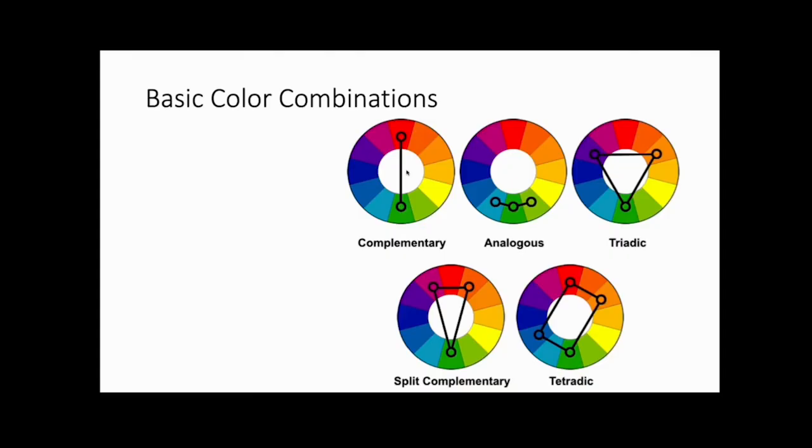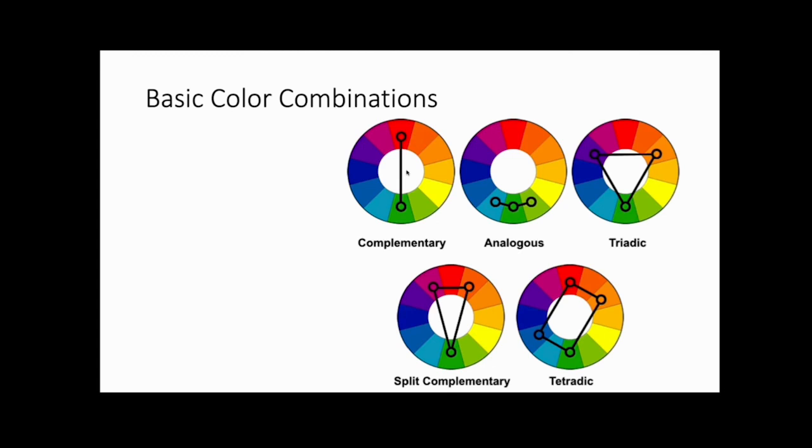All right, next we're going to talk about the basic color schemes. There are lots of different color combinations. We are only going to focus on these 5 for right now. We have our complementary color, which is across the color wheel. We have analogous, which are right next to each other on the color wheel.